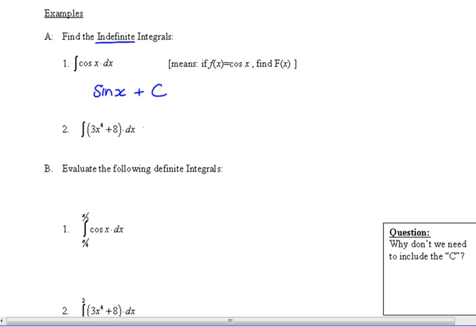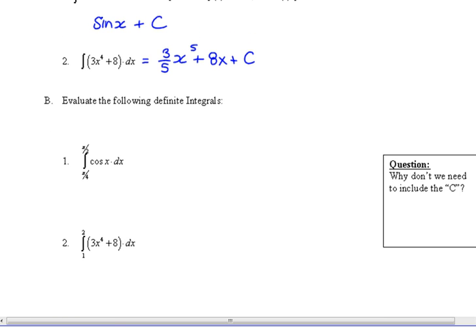Now for this one, we're going to take the integral of each term. If you integrate 3x to the 4, we're really anti-deriving it. So what are we going to do with the x to the 4? Add 1, so it'll be x to the 5, and then the 3 over 5. Plus 8 becomes 8x plus c.